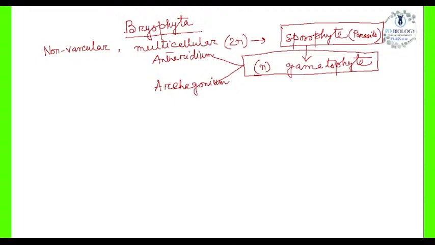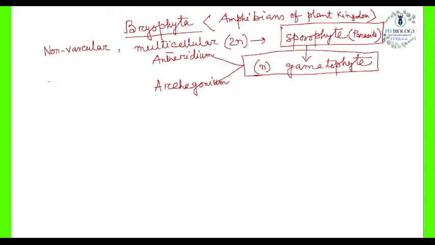The bryophytes are also known as the amphibians of the plant kingdom. You know the reason? Why are they called amphibians of the plant kingdom? Because they need water. Yes, they need water to complete their sexual reproduction.